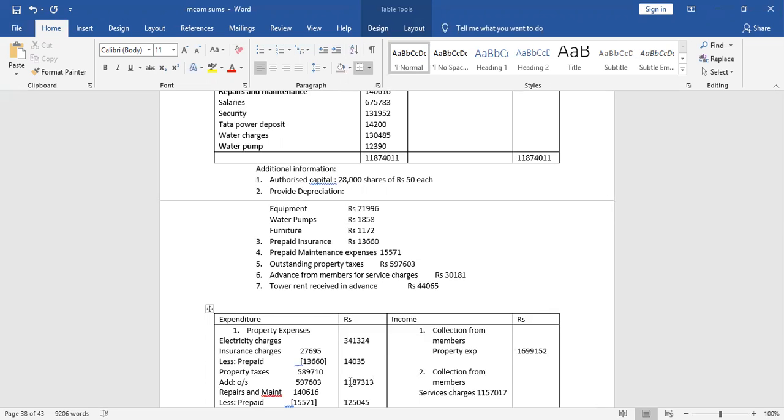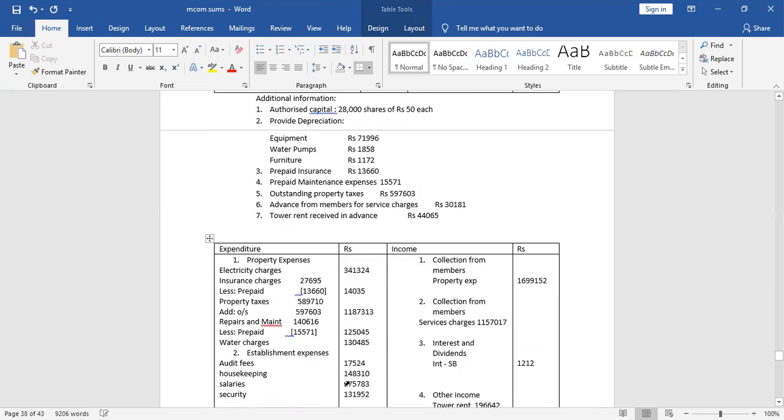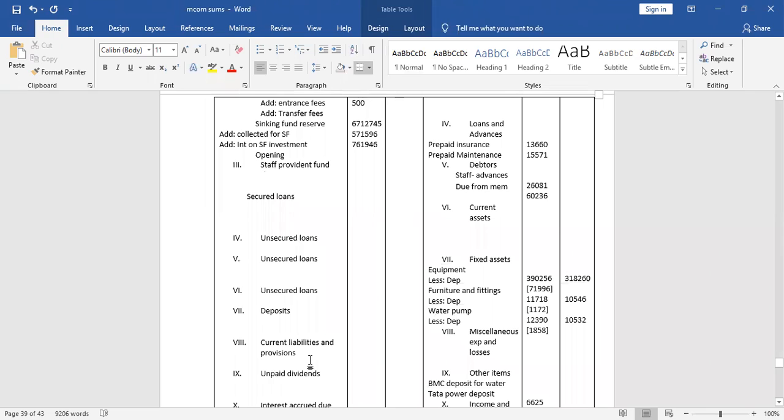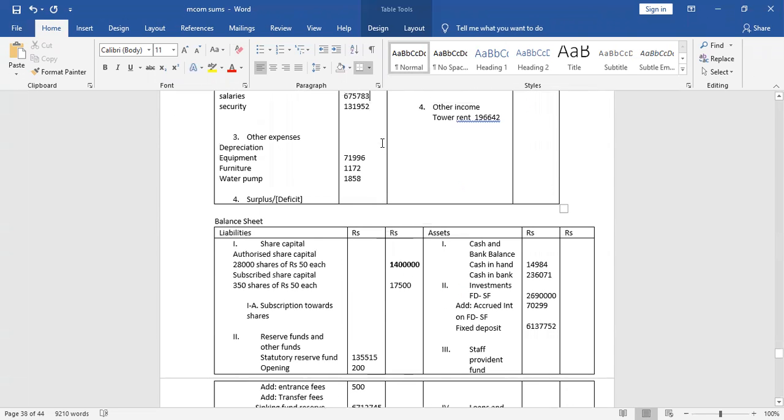So this outstanding property taxes we have to show under current liability. And which head do we have, current liabilities and provision, outstanding property taxes. What is the amount? 5,97,603.